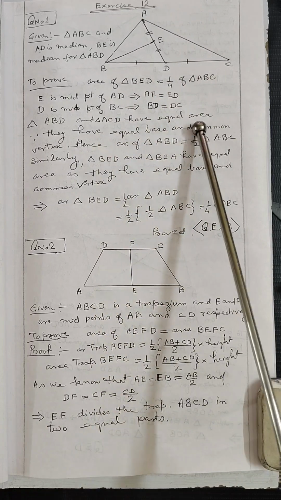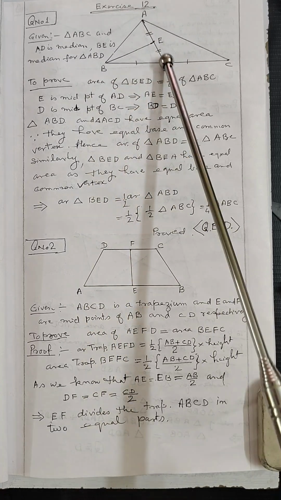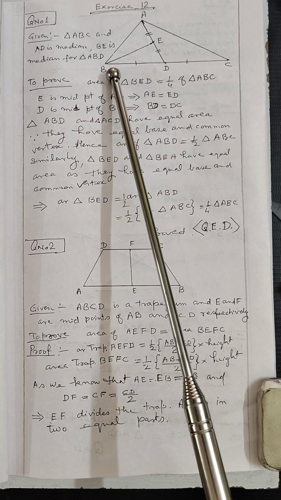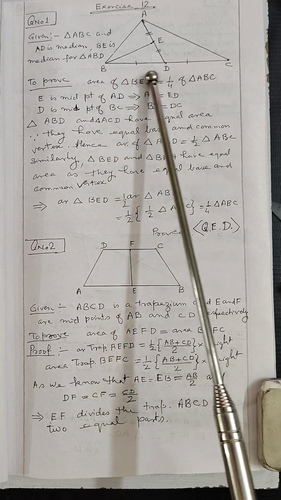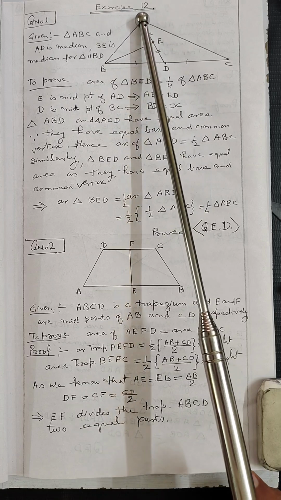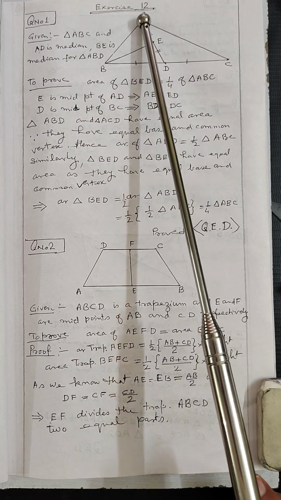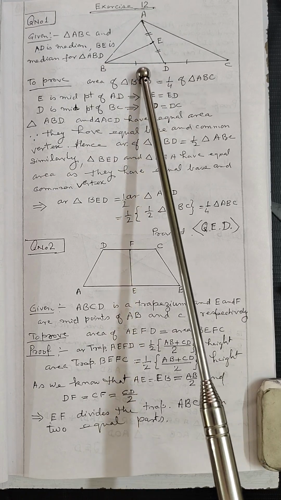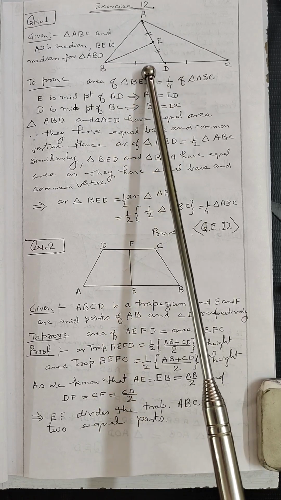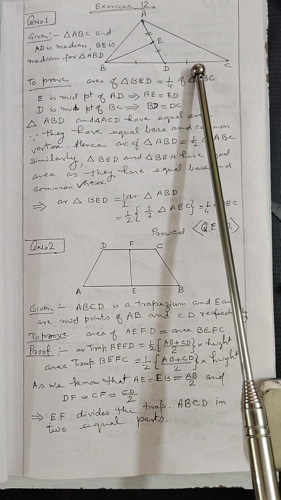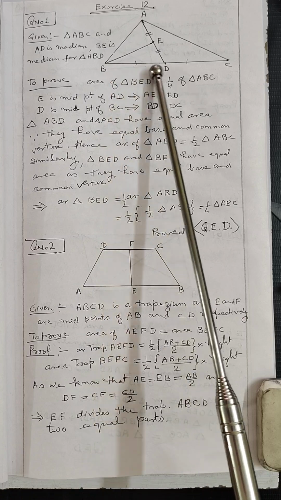have equal area. ABD or ACD, they have equal area because they have equal bases and common vertex. Once they have common vertex, it means the altitude to the base will be equal because the bases of these two triangles are collinear.